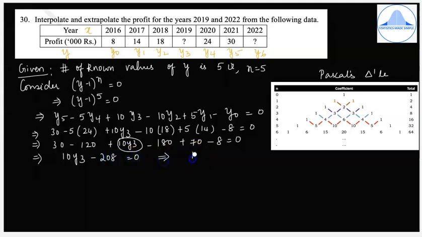So which implies 10 y3 is equal to 208, or you will get y3 is equal to 208 divided by 10, which is equal to 20.8.